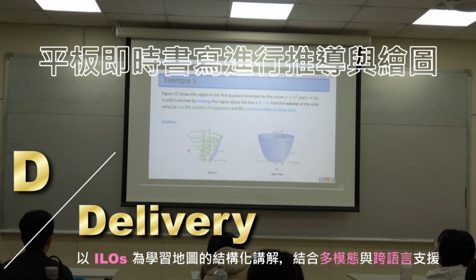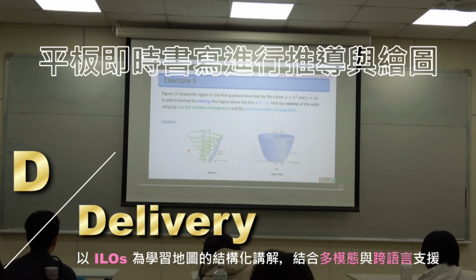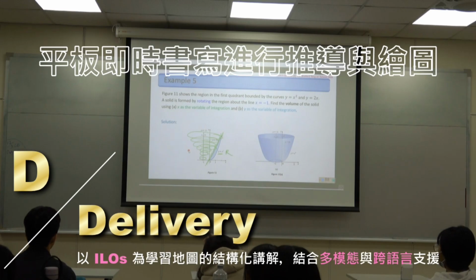So find the outer R and the inner R first. Can you find the outer R? Yes, you can do that for this question, because the outer R will be y equals x squared. And then the inner R, the smaller R, will be y equals 2x.